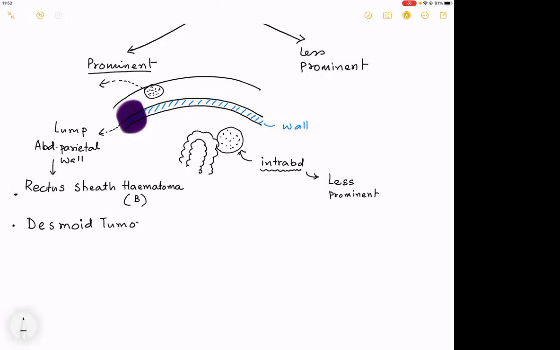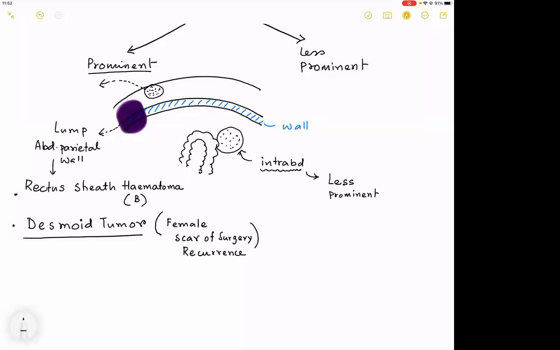This is an honors-getting answer. It is seen usually in females, particularly on a scar of surgery, for example a cesarean scar, and these tumors are known to have a very high chance of recurrence.